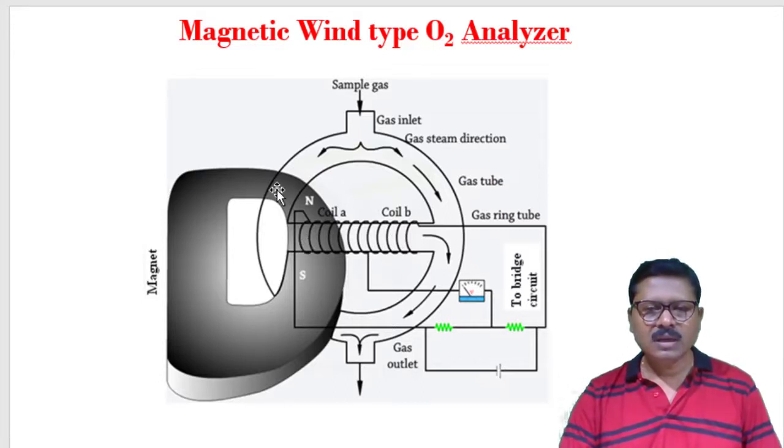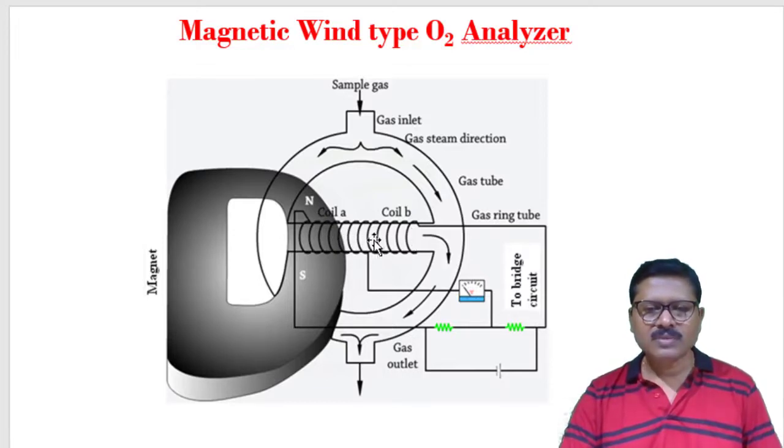At the same time, when fresh sample comes here, that will be attracted towards this tube and will enter into it. When it comes here, it will be heated, and again it will lose the paramagnetic property, and those molecules of the sample gas will move in the rightward direction.